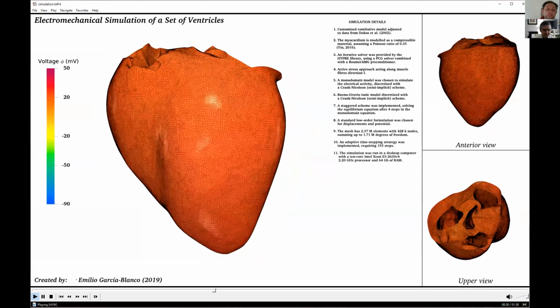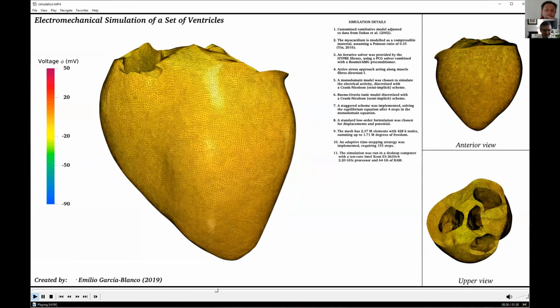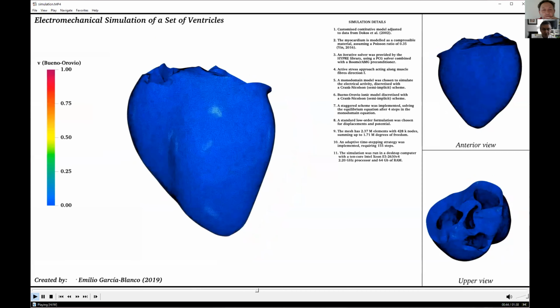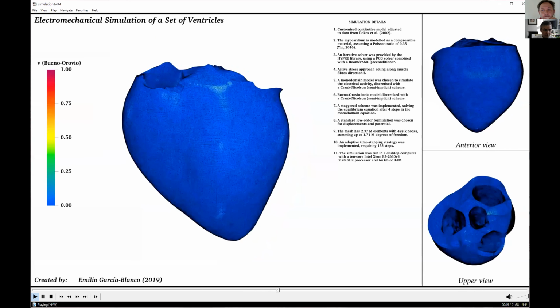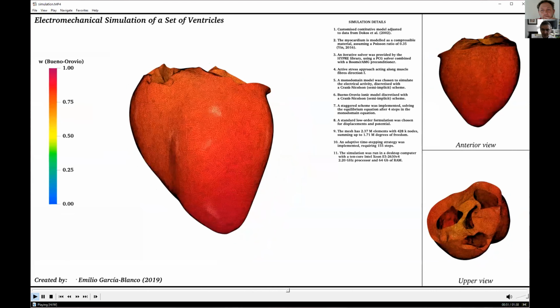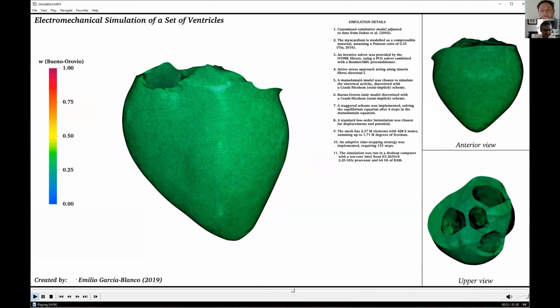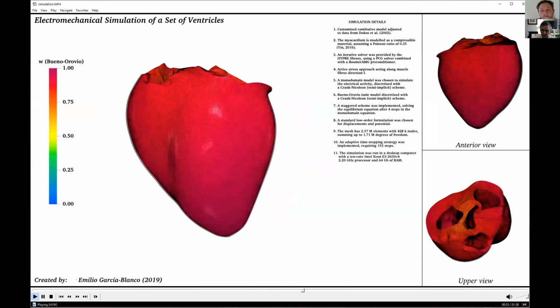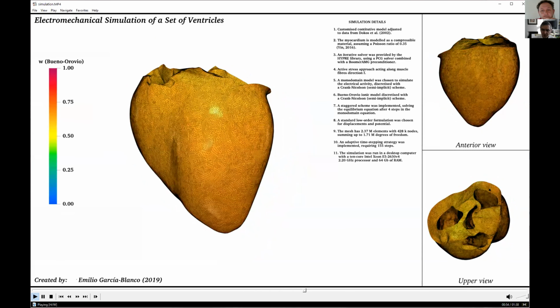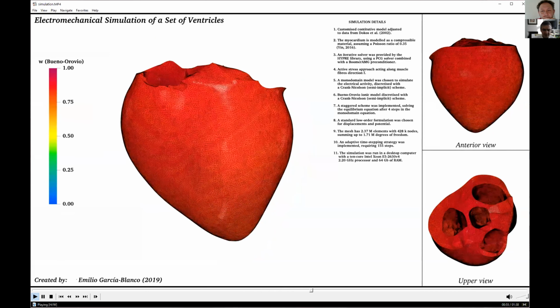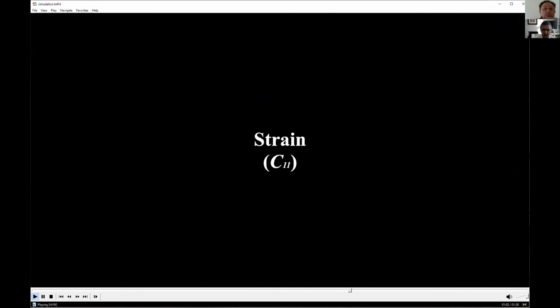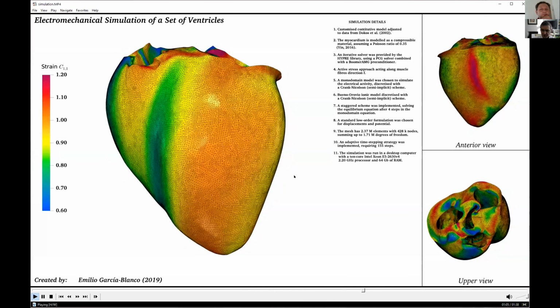You can see that you get very large deformations, and you can develop instability in some regions if you don't use models that are well posed, because as you can imagine, the application of boundary conditions here is quite complex. You need to have sufficient refinement across the thickness of the ventricle if you want to get meaningful results. And this is, for instance, one of the components of the Cauchy-Green tensor, C11.